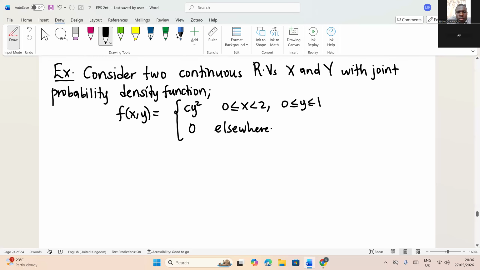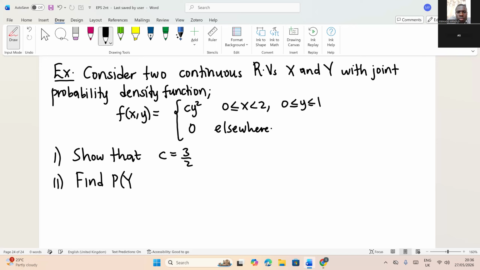What do we want to obtain here? Roman 1, show that c is 3 over 2. Roman 2, find the probability of Y less or equal to a half.